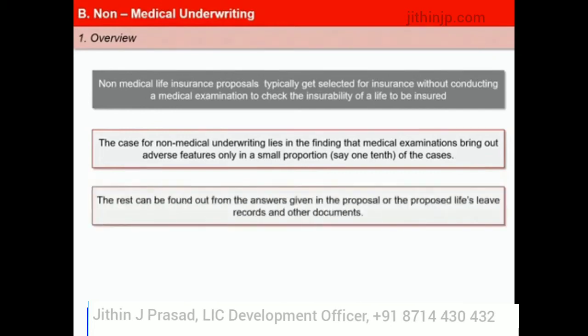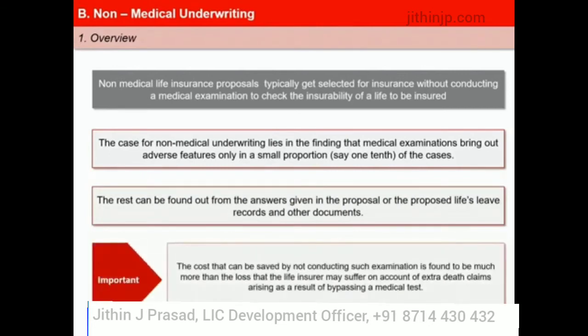The rest of the information can be obtained from leave records and other documents. It is important to note that the cost that can be saved by skipping such examinations is much more than the loss that a life insurer may suffer on account of extra death claims arising as a result of bypassing a medical test.